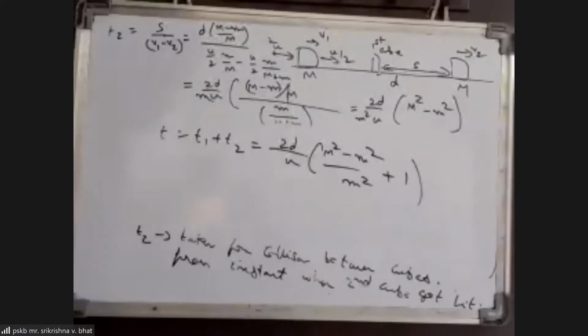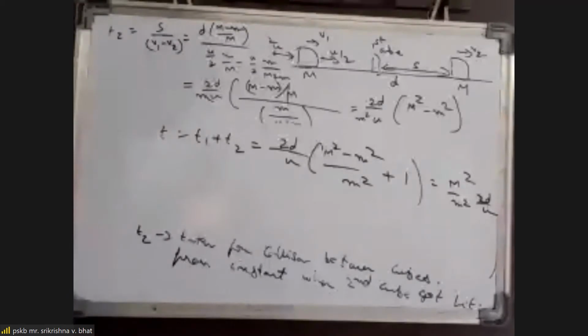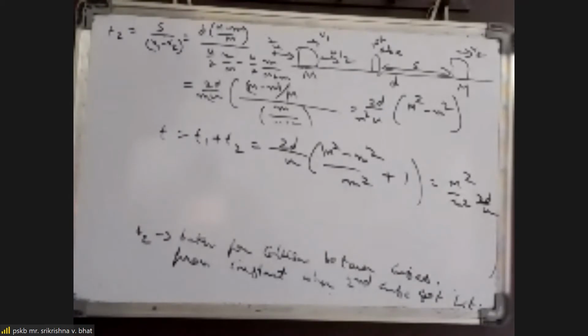On doing this, it comes out to be capital M squared by small m squared into 2d by u. Is it clear?